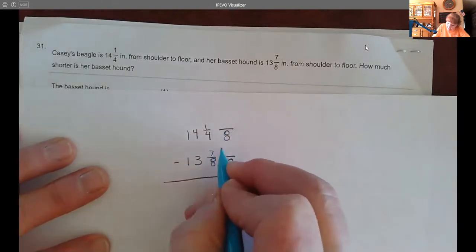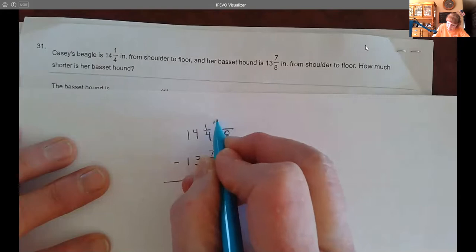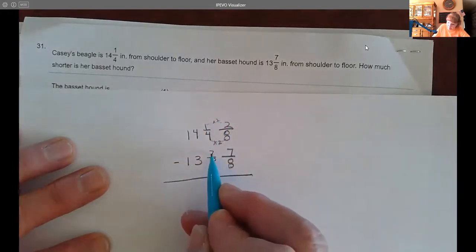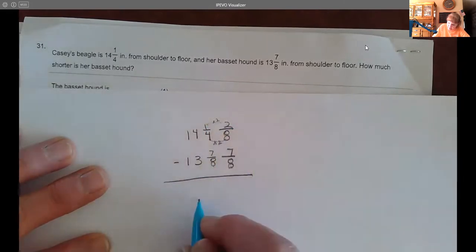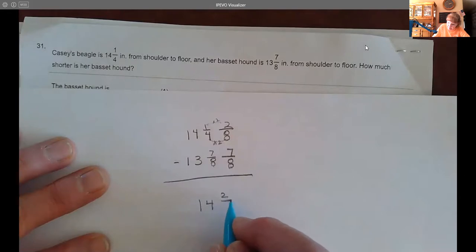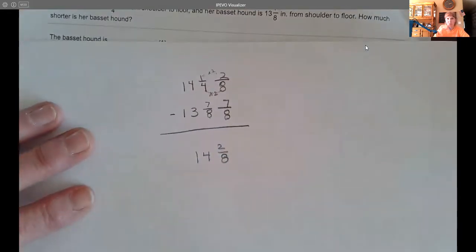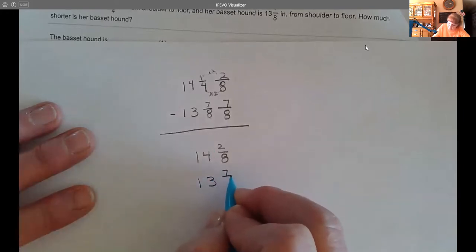So 1 times 1, times 2, times 2. Okay, so I multiplied by 1, multiplied by 1, multiplied by 2, multiplied by 2. So I've got 14 2/8 now, rather than 1/4. Change the 1/4 to 2/8. And I have 13 7/8.